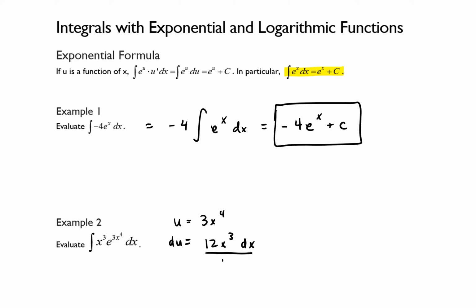So I need to divide both sides by 12, and we get that du over 12 is equal to x cubed dx. I have an x cubed here and the dx here, so I'm going to be able to substitute that with du over 12.